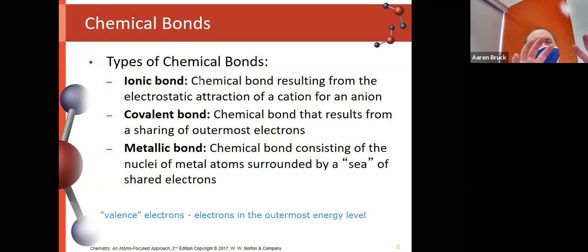But because of this fluidity of this sea of electrons, metals tend to have other properties that we don't see in a lot of other kinds of compounds. Bendability. The fluidity of that sea of electrons allows the substance to be a lot more flexible than other kinds of substances.